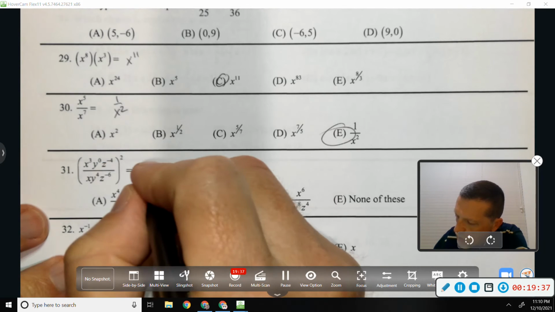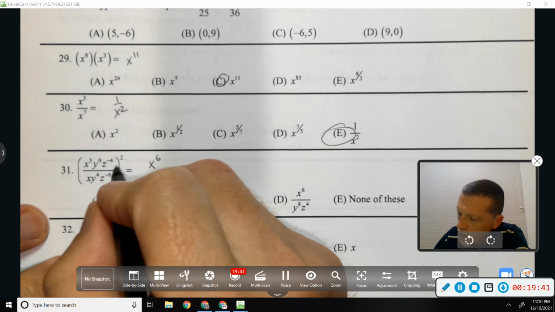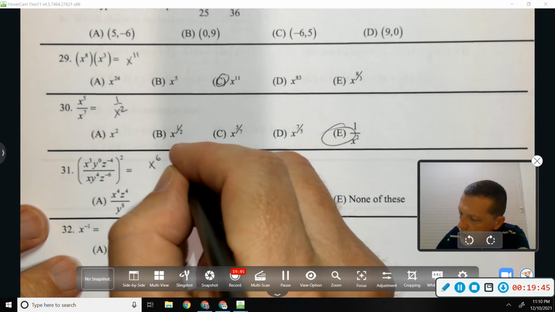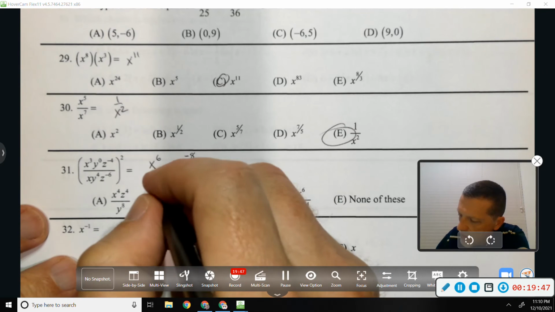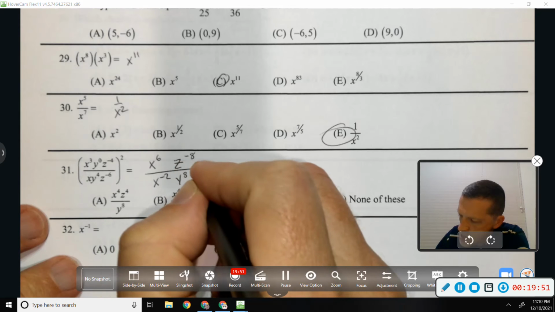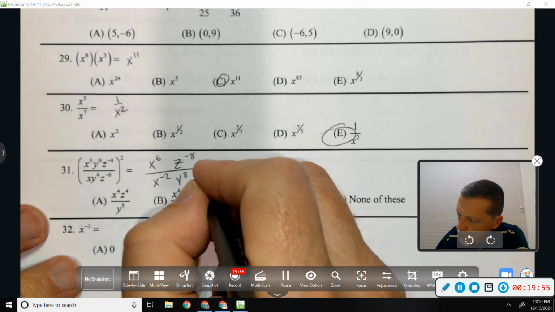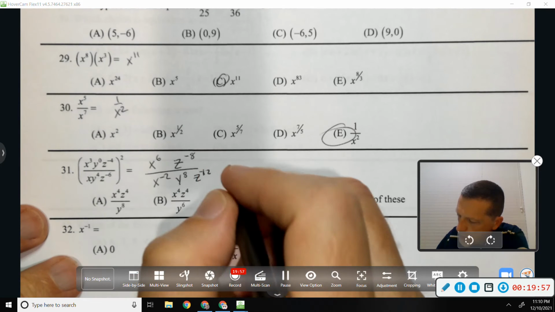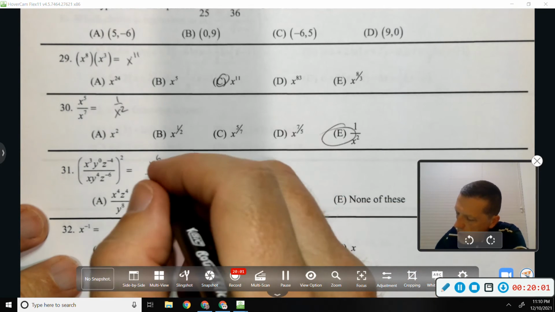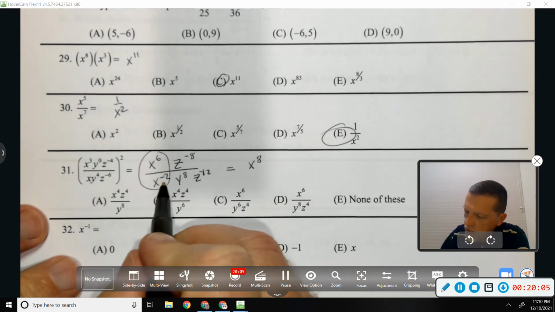Let's see, I'm going to square everybody. So x to the 6th. Y to the 0 is 1. 1 squared is 1. I can just ignore that. Z to the negative 8 over x to the negative 2. Y to the 8 and z to the negative 12. Alright, so I combine those, I get an x to the 8th in the top because the negative 2 moves up.